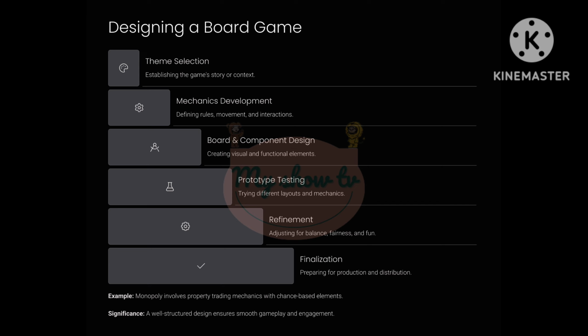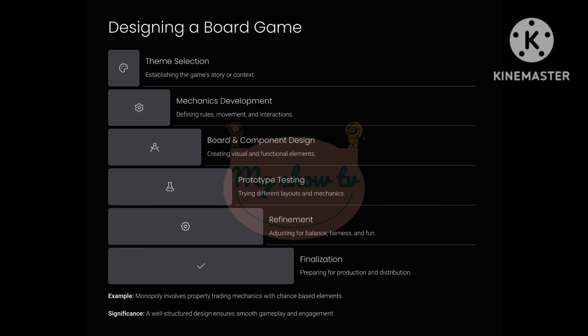Refinement. After initial testing, the game is adjusted to ensure balance, fairness, and fun. This often involves fine-tuning game mechanics and simplifying complex rules. Example: if one player consistently wins, designers may adjust starting resources or game pacing to create fairer outcomes.